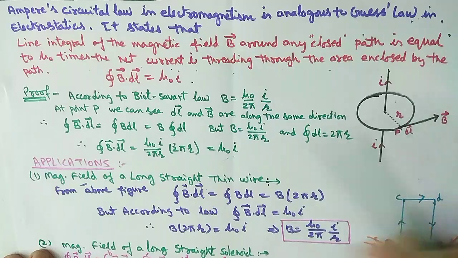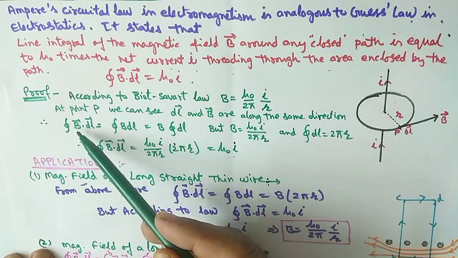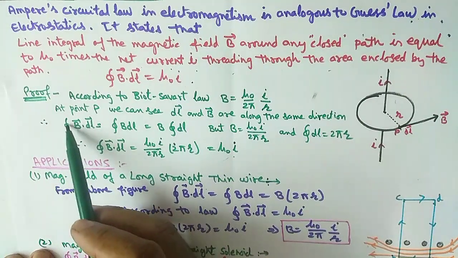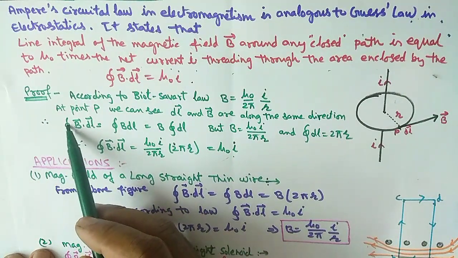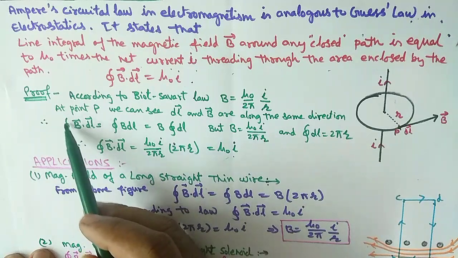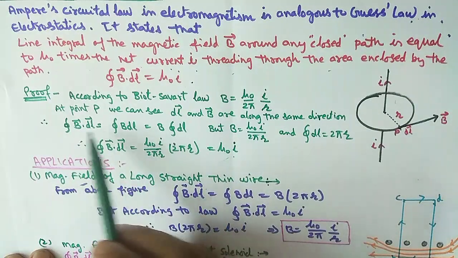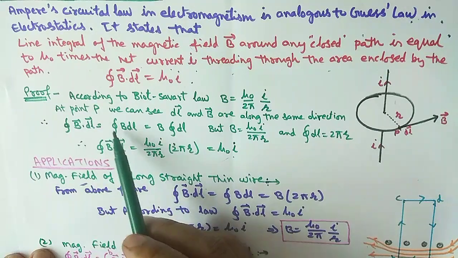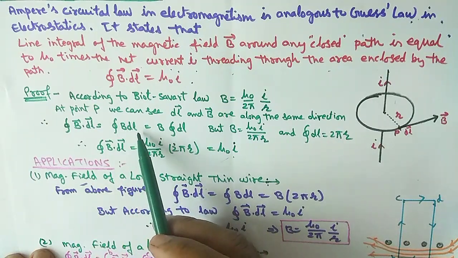So see, the line integral of B dot dl, the circle on the integral indicates that it is for a closed path. So it is equal to the dot product, that is B dl cos theta.